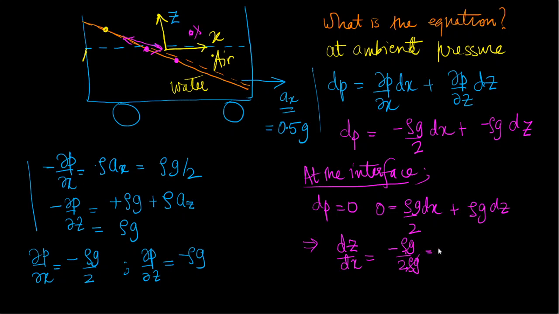So this becomes minus half. So thus if we integrate this equation, dz dx equal to minus half, and this implies that z is equal to minus x upon 2 plus constant.